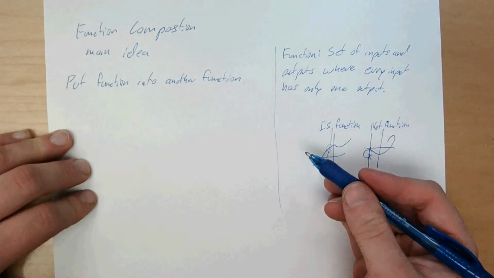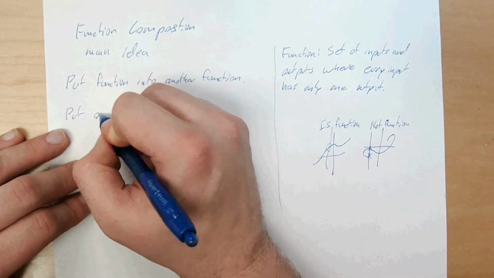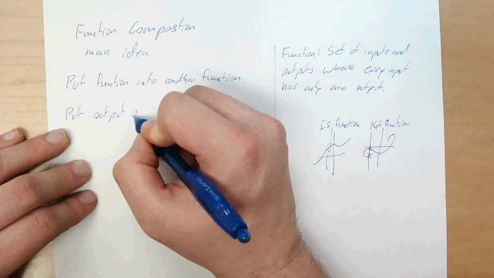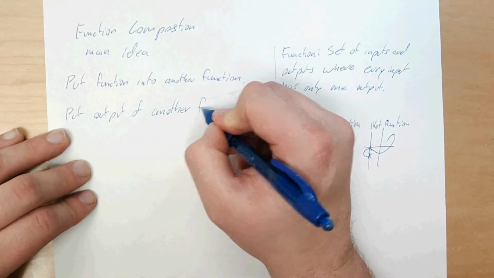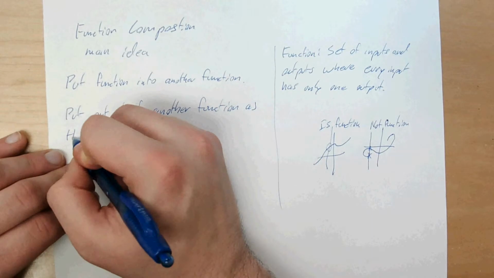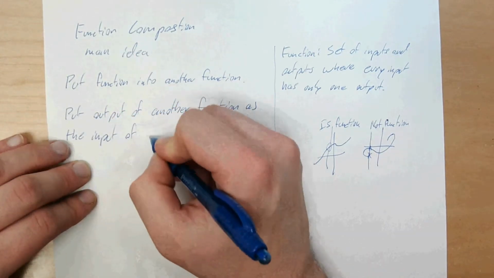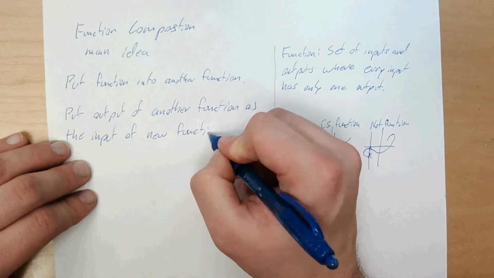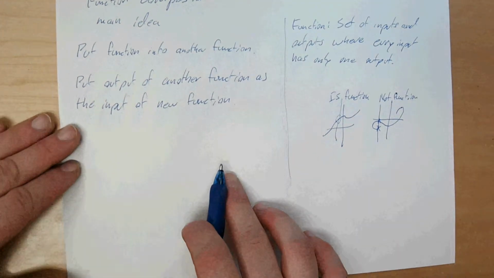Or maybe said more correctly, we can put the output of another function as the input of a new function, right? So you can string along these outputs into inputs of functions.